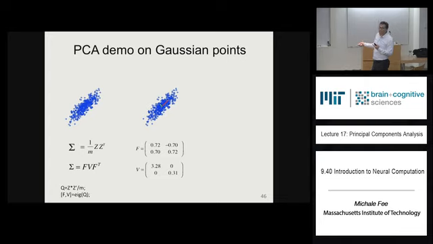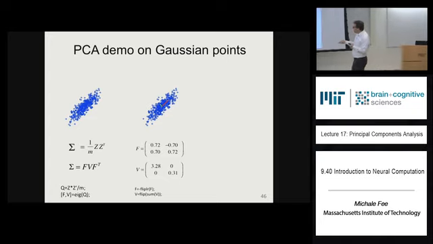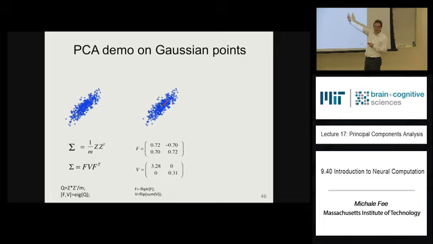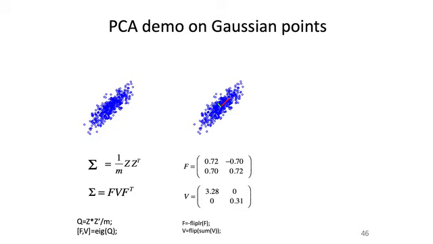It also returns the matrix of eigenvalues, where the diagonal elements are the eigenvalues. Sometimes you need to do a flip left-right because eig sometimes returns the lowest eigenvalues first, but I generally want to put the largest eigenvalues first. So there's the largest one, there's the smallest one.